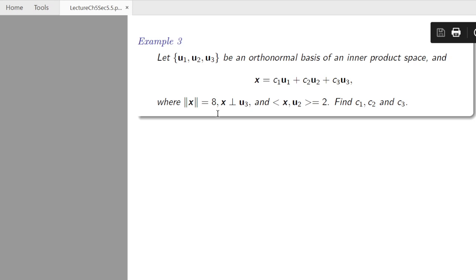We are given the length of x is 8. x is orthogonal to u3, and the inner product between x and u2 equals 2. What we require is to find these three coefficients, c1, c2, c3.